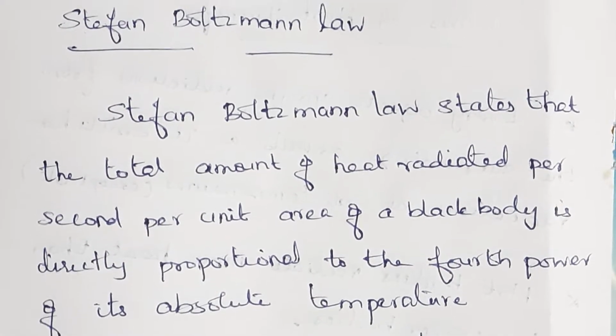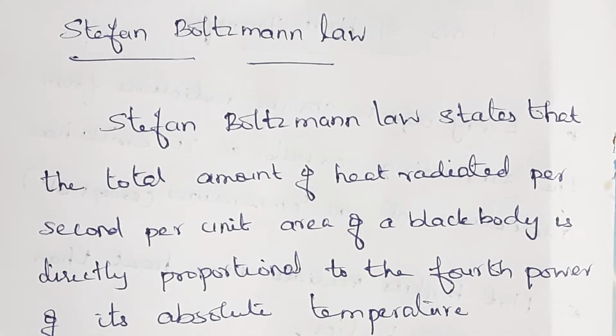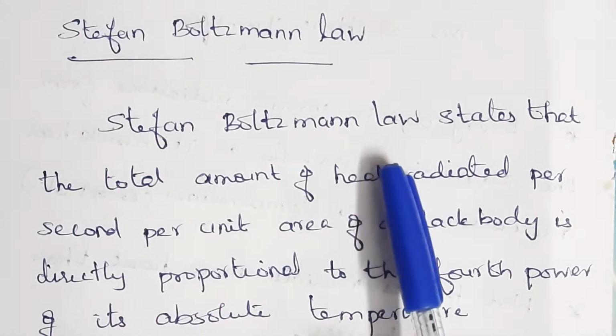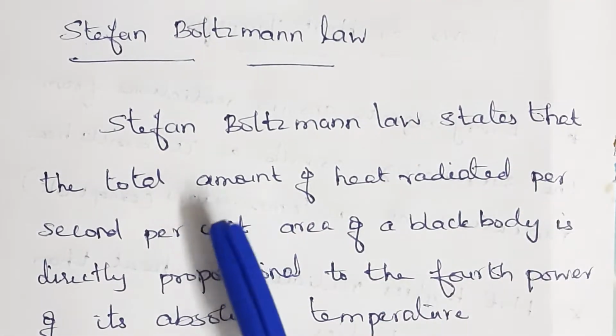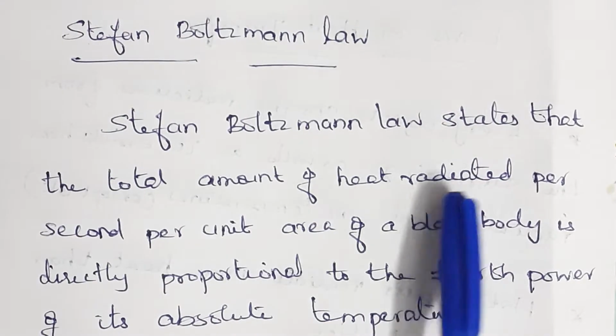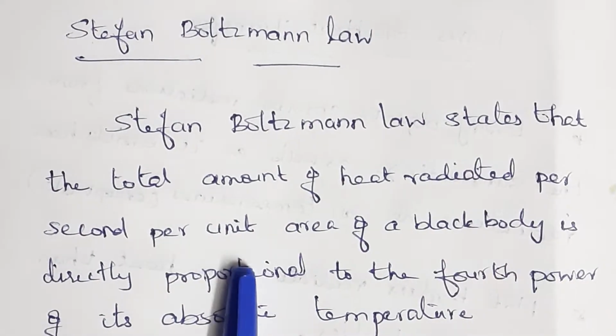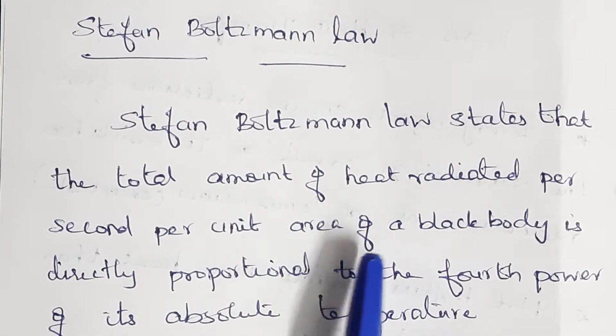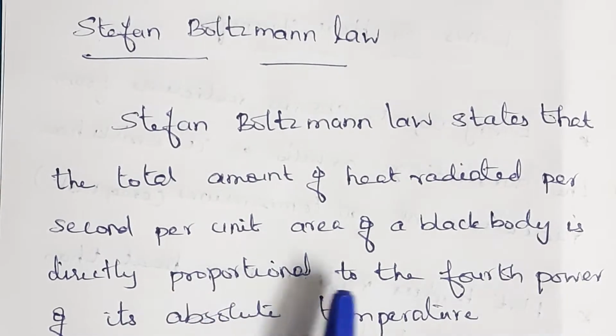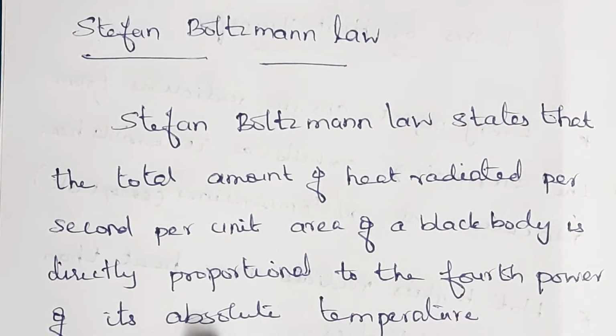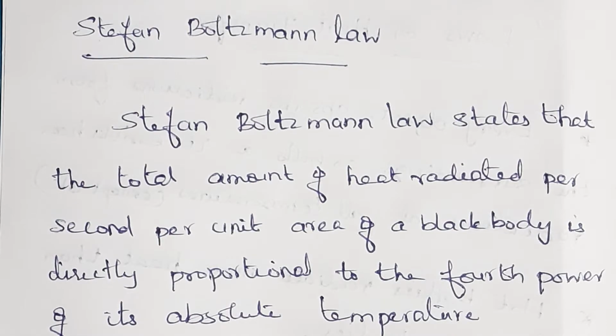I repeat, state Boltzmann Law. Boltzmann Law states that the total amount of heat radiated per second per unit area of a black body is directly proportional to the fourth power of its absolute temperature.